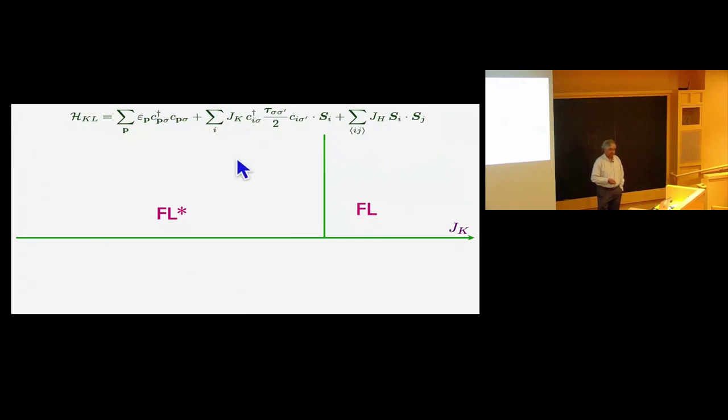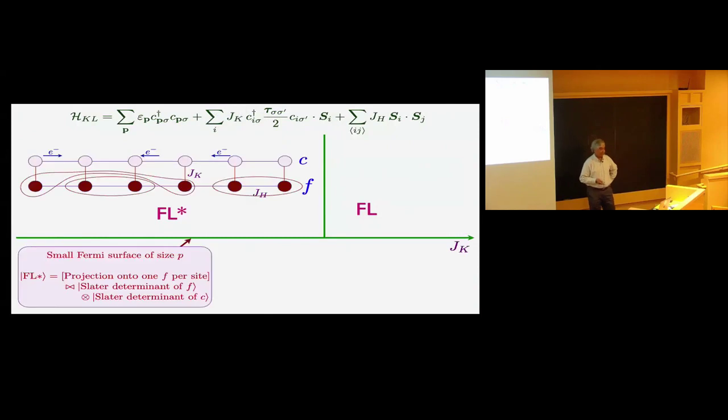So now let's take the limit of very small JK, which is actually the simpler limit, and imagine that the JH is such that these spins form a spin liquid. Then it's not so difficult to show that perturbatively JK doesn't do much. And so you just get this very simple decoupled state where the conduction electrons form a Fermi surface, and the density of the electrons C I'll call P here, whereas the spins form a spin liquid.